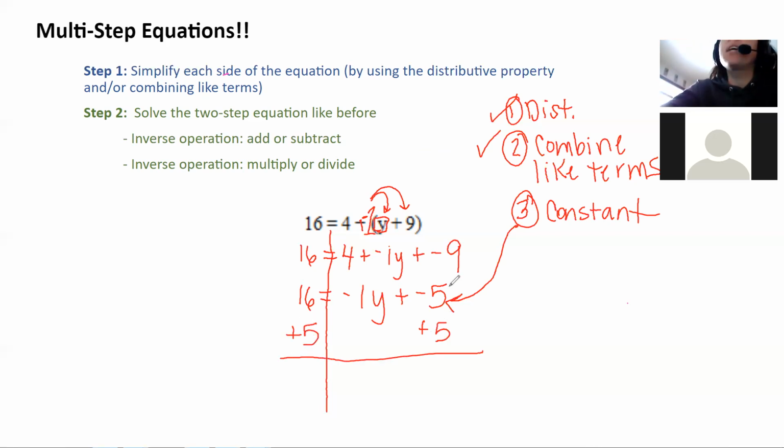You have to make your equation balance. And then 16 plus 5. Let me think. I'm not good in my head. Was that 21? Yeah, 21. Right. Woohoo.